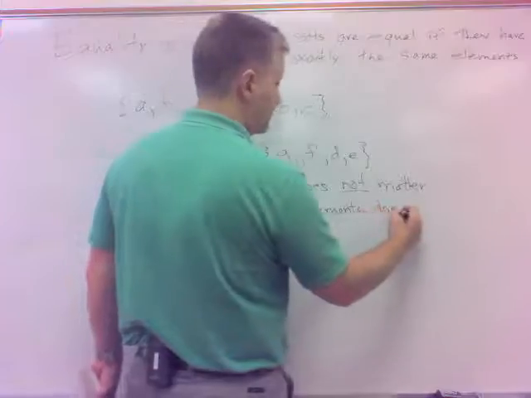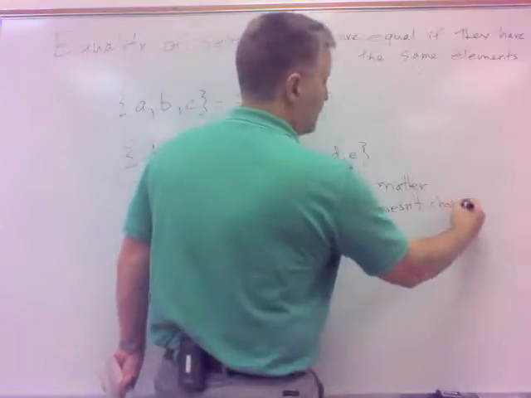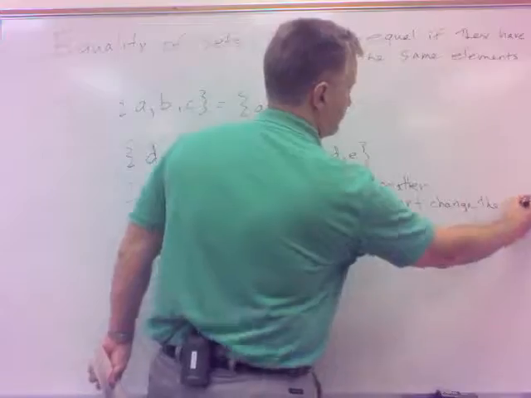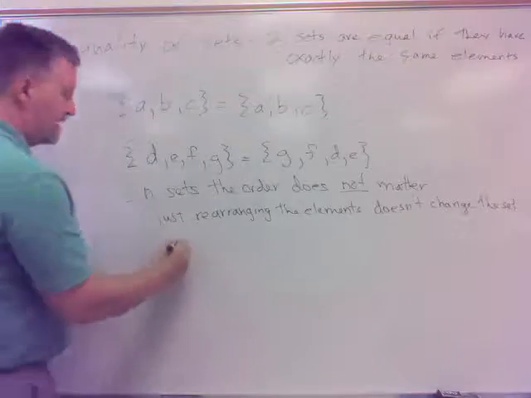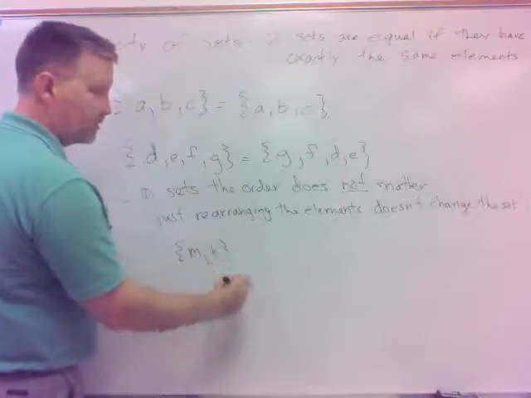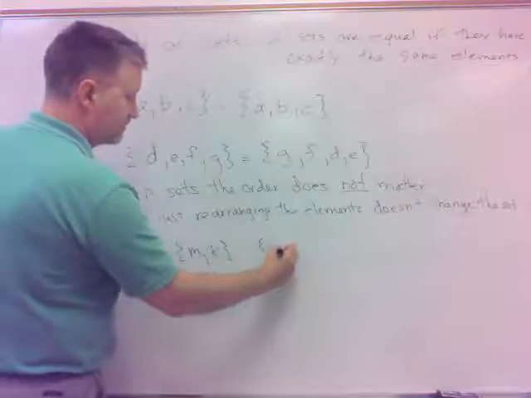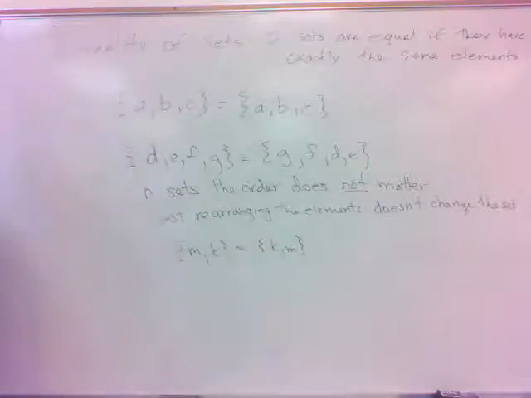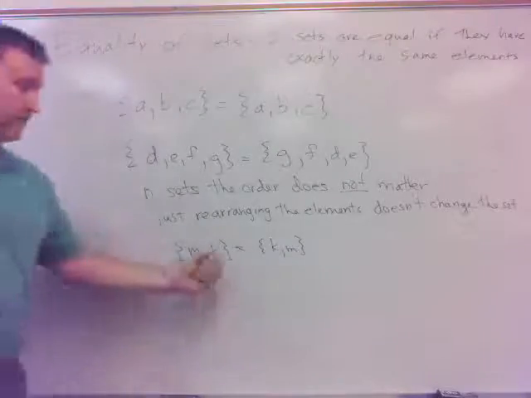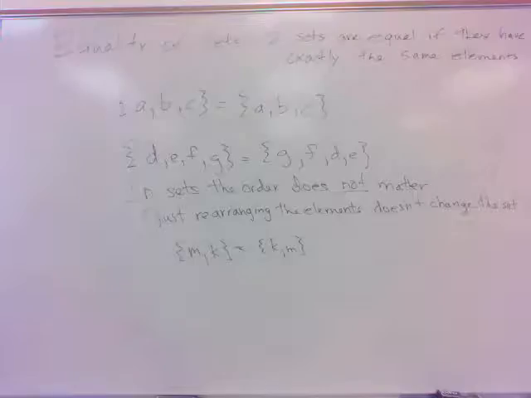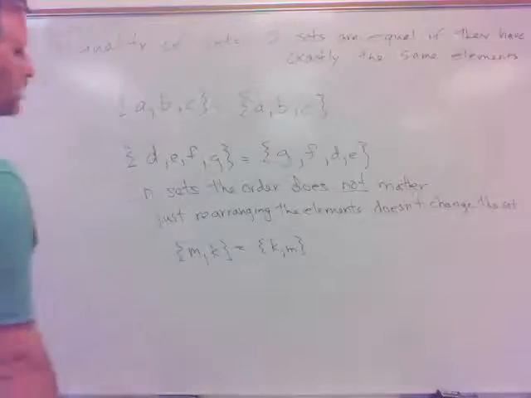Back when I was listing all those subsets, that's the reason I didn't list MK and then KM again, because those two sets are exactly the same. They're equal. So just rearranging the elements doesn't change your set. Okay?